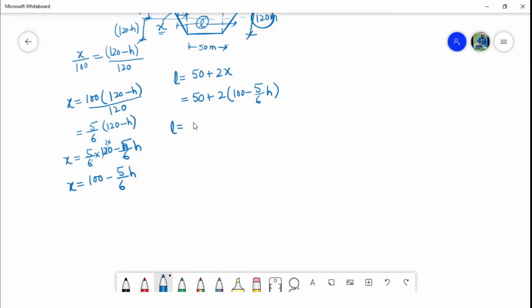So L will be equal to 50 plus 200 minus 10 over 6 h. So this will be equal to 250 minus 5 by 3 h, not 5 by 6, 5 by 3 h. This will be L. So remember this expression. We will use this expression later on.